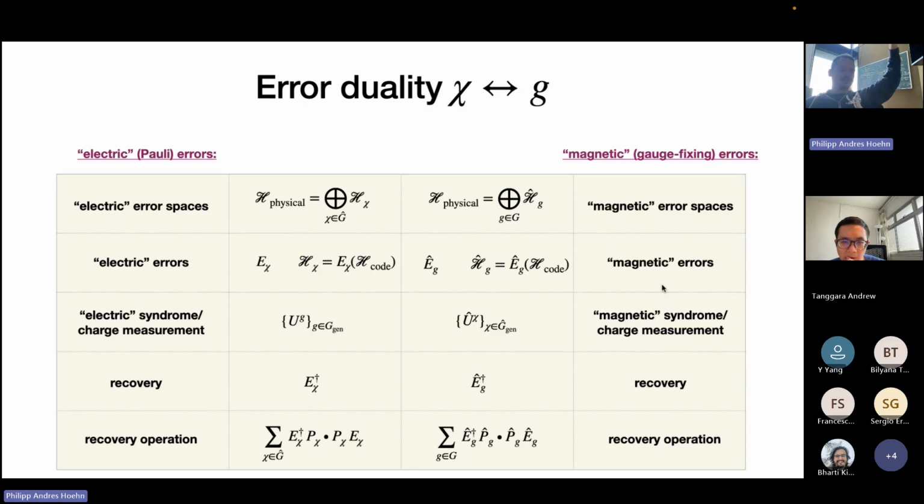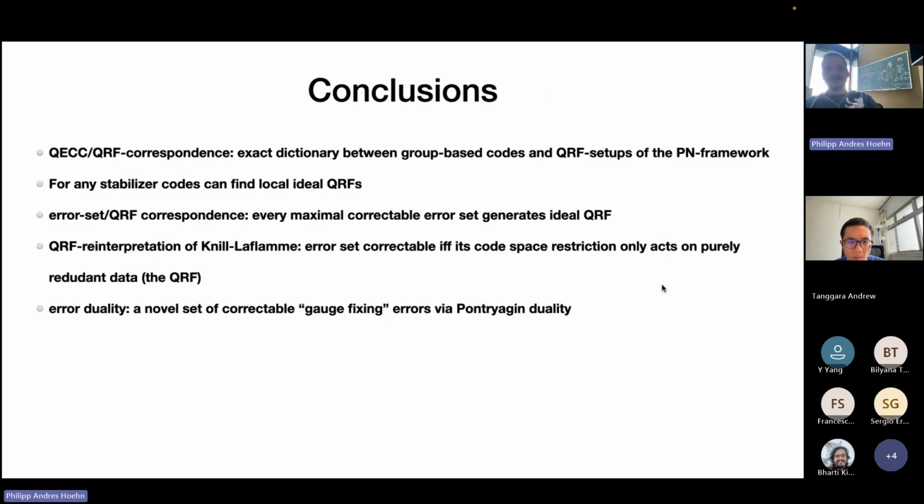So Pontryagin duality also gives you a form of electromagnetic duality, I should say. And you get for this new class of errors the same kind of structures as for the standard Pauli errors. And there's a certain duality mapping between them. So we found that quite interesting, but in the interest of time, I'm not going to discuss this.